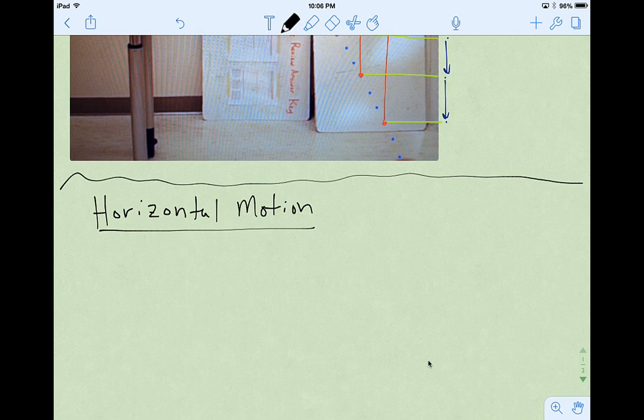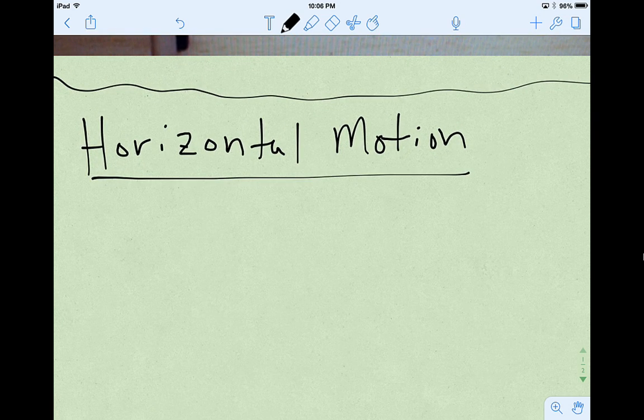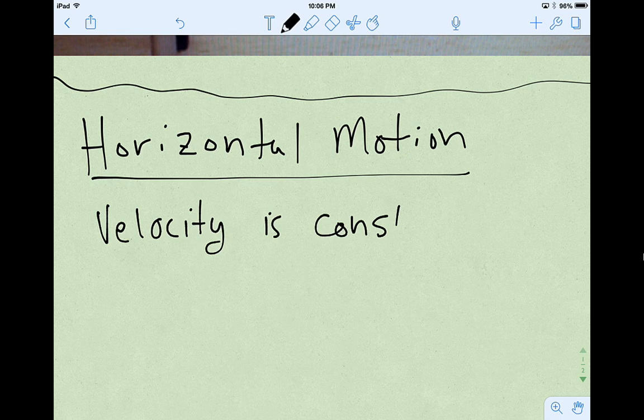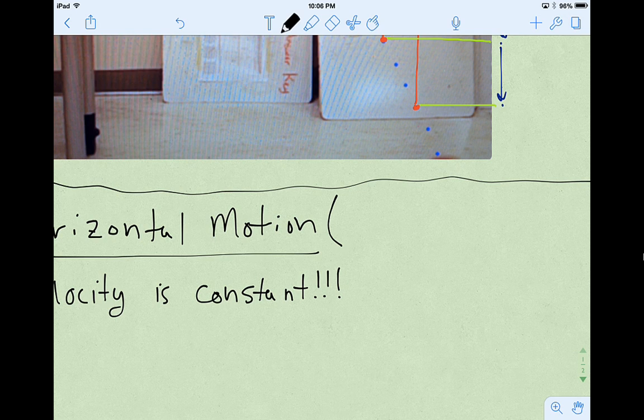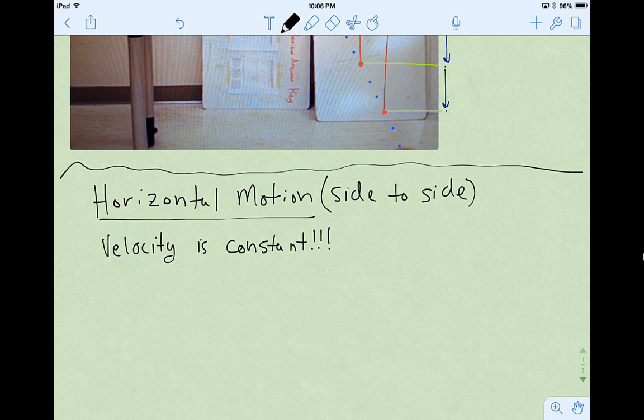The most important thing for us to see about horizontal motion is that the velocity is constant. Just so we don't forget, remember horizontal is side to side. I think that might be a nice note for you to put in there. So in horizontal motion, the velocity is constant.